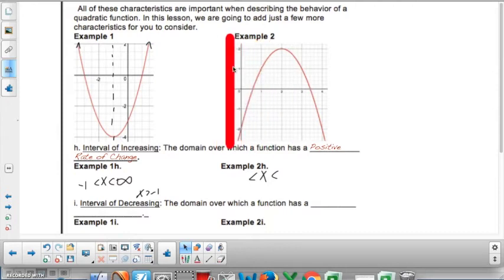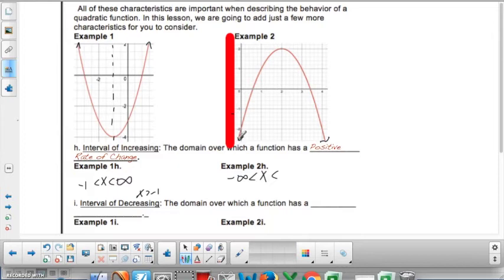So that means that for my lowest possible x value, go ahead and draw your little arrows that should be there. For my lowest possible x value is going to be negative infinity, because even though it looks like it happens right before 0, it really doesn't have a beginning.